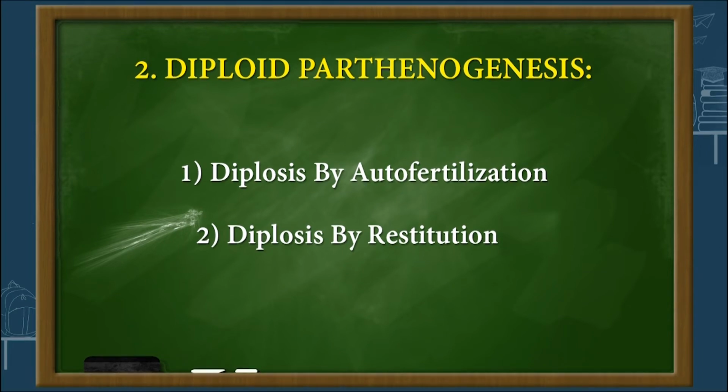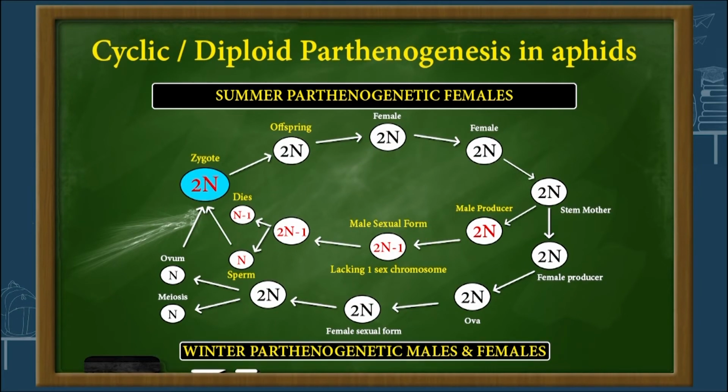Now, further elaboration of the diploid parthenogenesis in aphids can be shown diagrammatically in this slide. During summer, the female undergoes the parthenogenetic process of reproduction only. It can go up to 10 generations. So parthenogenetically, the female will have 2n chromosomes, a diploid set of chromosomes.